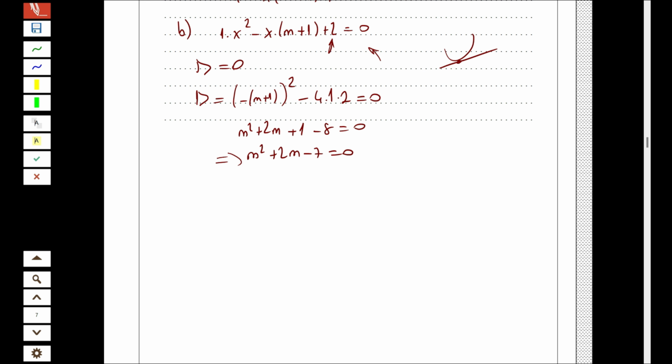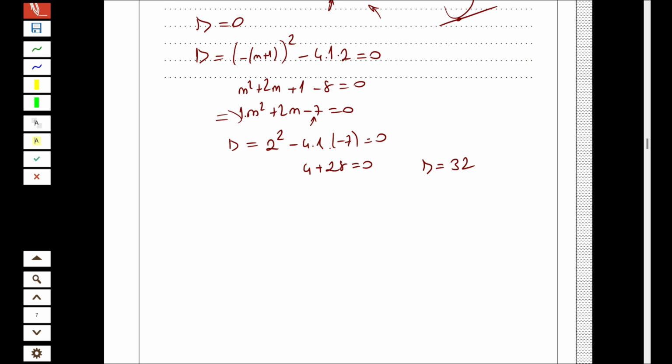Again, we need delta to find the roots of this equation. When we apply delta again to this equation, you will find 2 squared minus 4 times 1, because the leading coefficient is 1 in here, and the constant is minus 7, which is 4 plus 28, and delta equals 32.